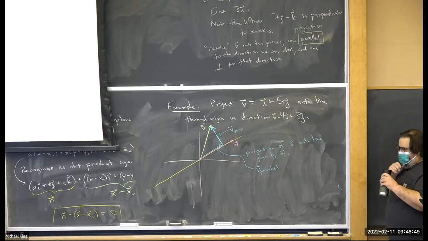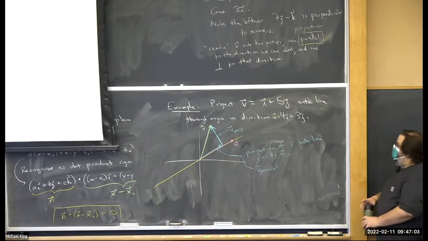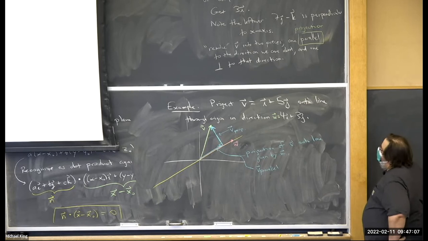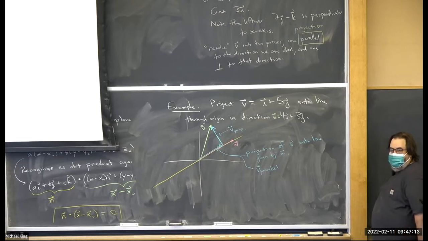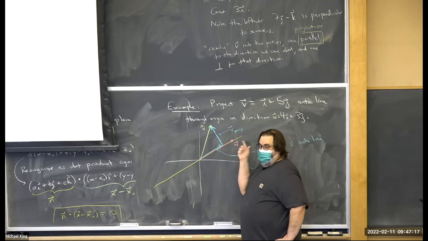Now the question is, how do we actually do that? On the handout, I walk through this example. Maybe I should have done this example, but oh well, just follow it before class. So you want to know what this vector is, its length and its direction.